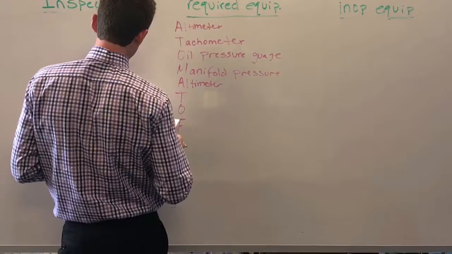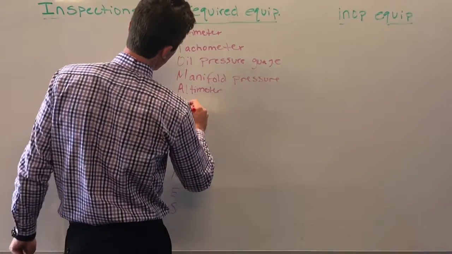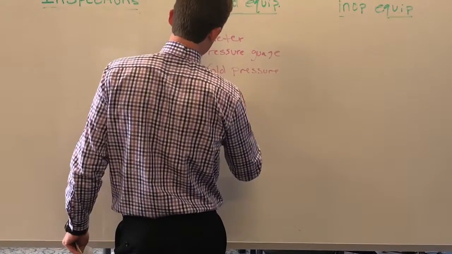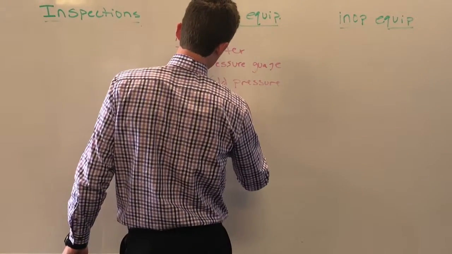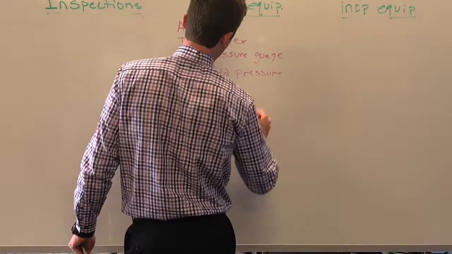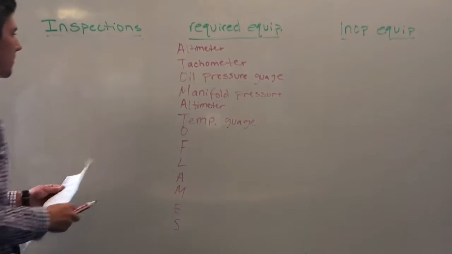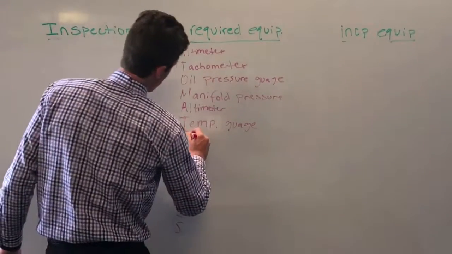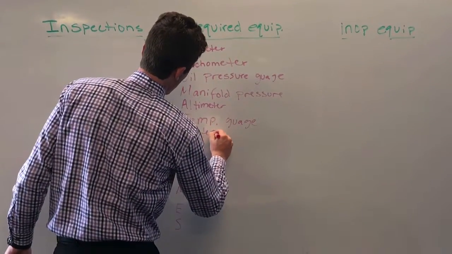Let's see what else here: a temperature gauge for each liquid-cooled engine, or for all liquid coolants. All right, we have our oil pressure, and an oil temperature gauge as well.